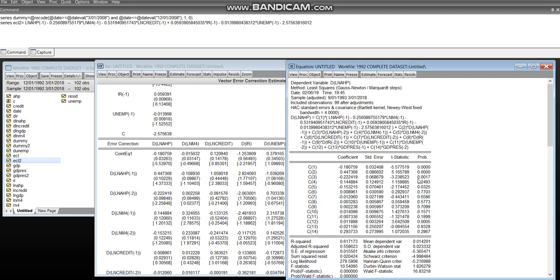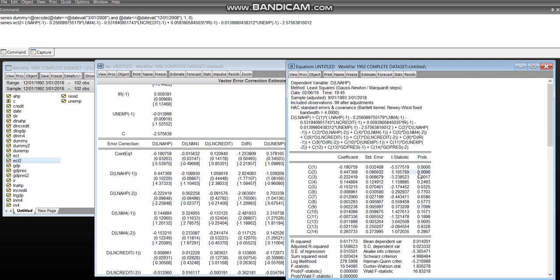So in most cases it didn't alter the results of the p-values from the vector error correction model, but in this particular case it did alter it. And that is probably explained by the Newey West estimators, which change the values for our standard errors, and this is all down the column. So that's the short answer.